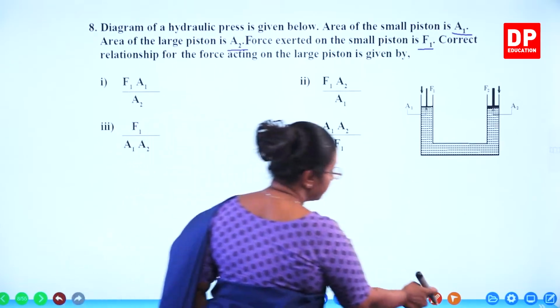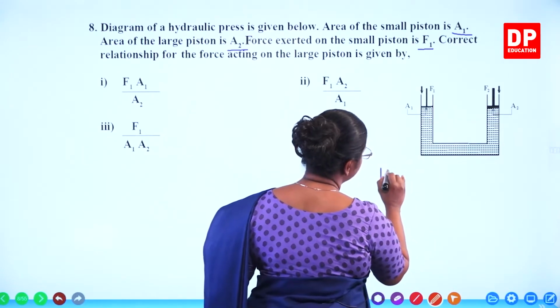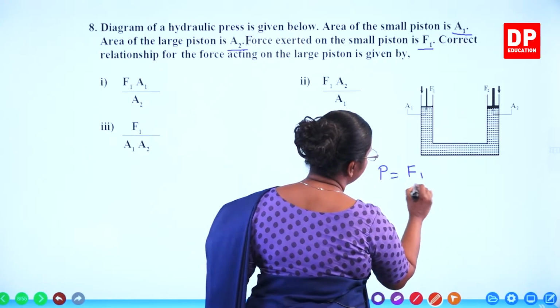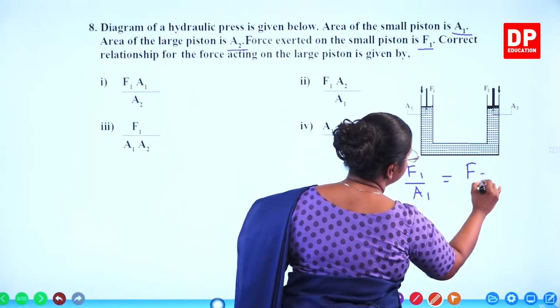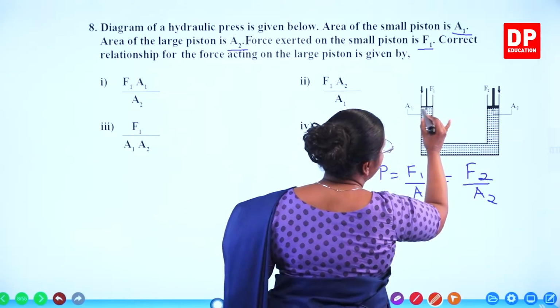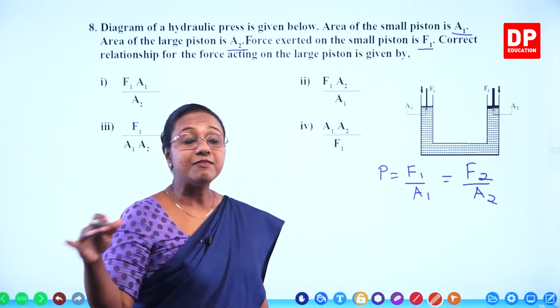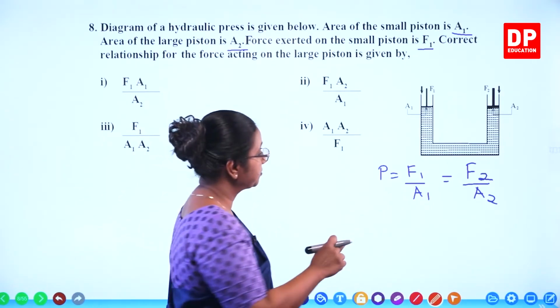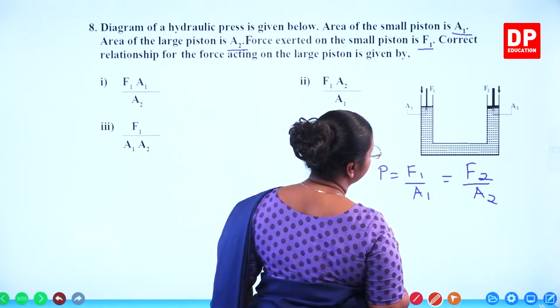Here, of course, students, you all know the relationship. Pressure on this side is given by F1 over A1, which is equal to F2 over A2. In the same liquid and at the same level, the pressures are the same. Because of that, F1 over A1 is equal to F2 over A2.